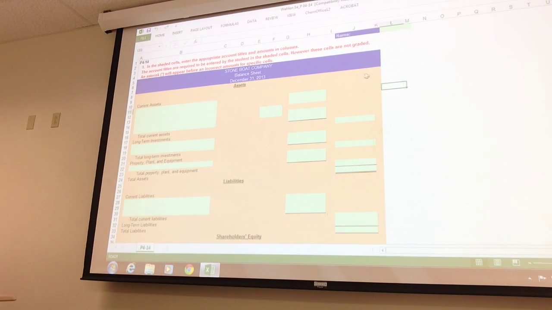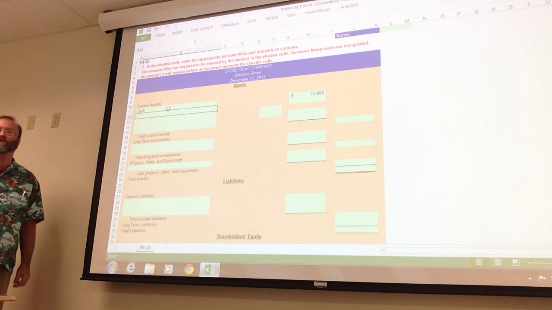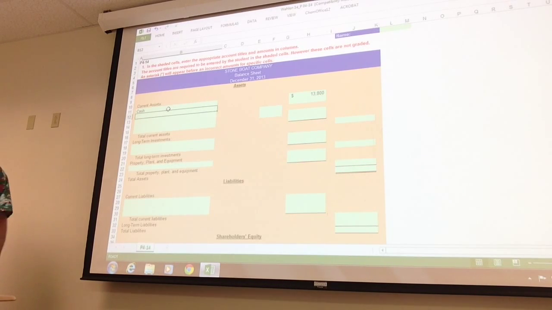So from here we have current assets listed in order of liquidity again. So cash, accounts, put that balance in. That's $13,800. They have a note receivable here. Now, as far as liquidity goes, note receivables have a higher liquidity than just accounts receivable.